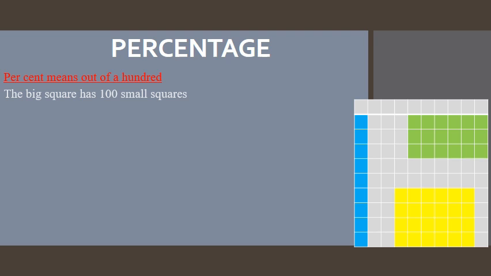Means these small 100 squares are of the same size, right? So, 9 of the 100 squares are blue in color. So, we can say 9 out of 100 means 9% of the total squares are blue.